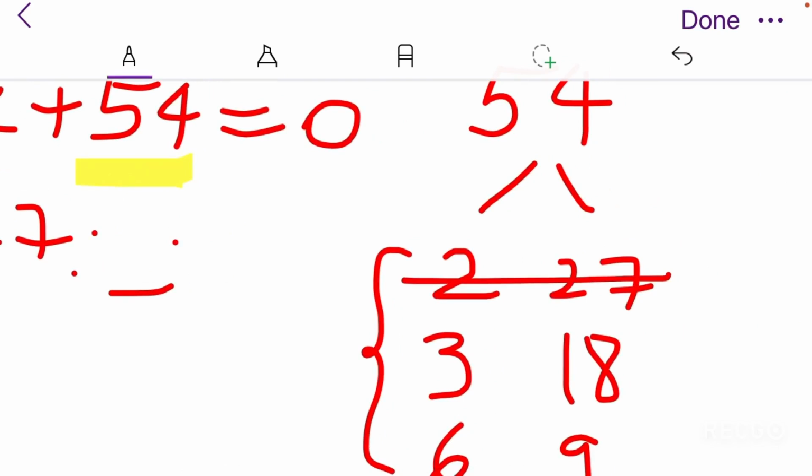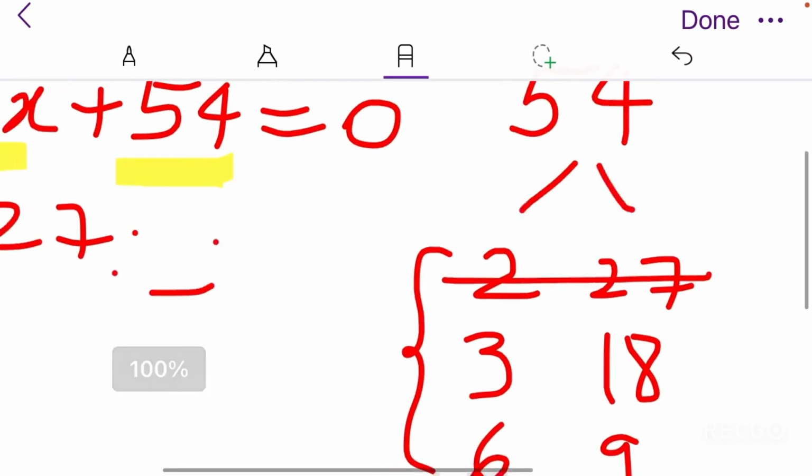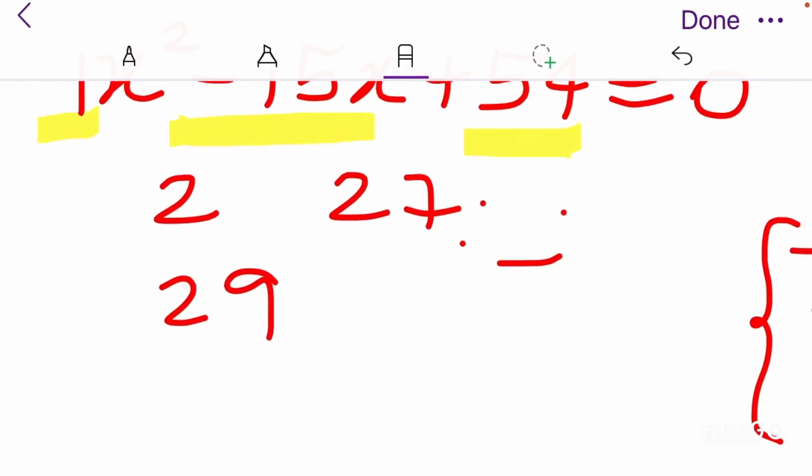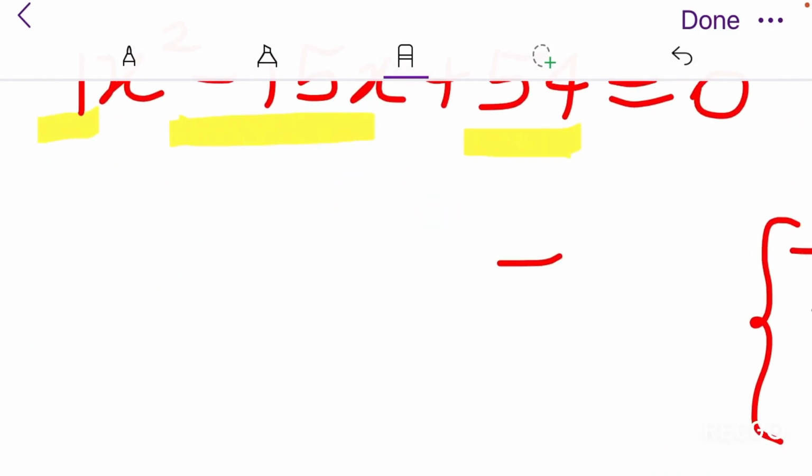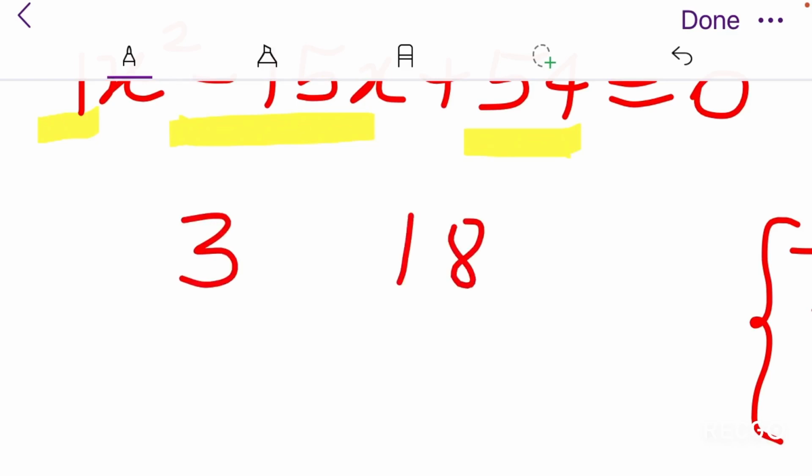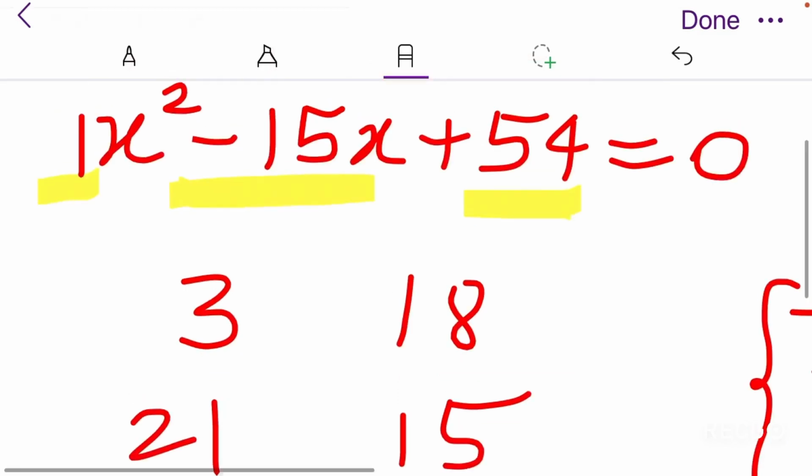So now we will take 3 and 18. Over here we will write 3 and 18. Now if you add 3 and 18 you get 21. If you subtract you get 15. So now you can see that when we subtract, we are getting 15, but we want minus 15.